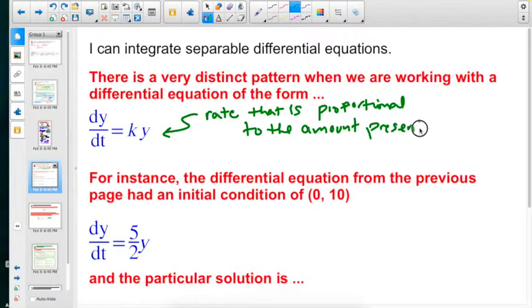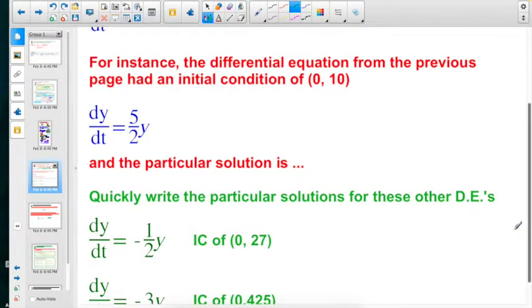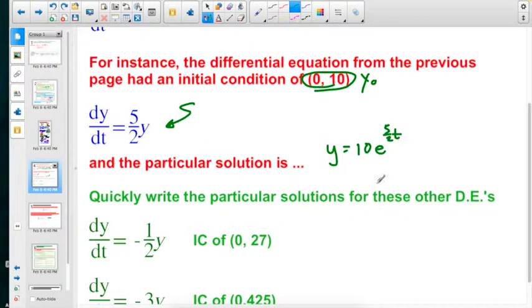Okay, so that's a very basic exponential relationship. And so with the beetle, we had a differential equation that followed that very basic pattern. We had an initial value of 10, and we ended up with an exponential growth model that looked like that.